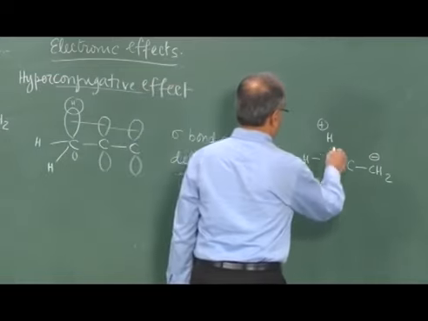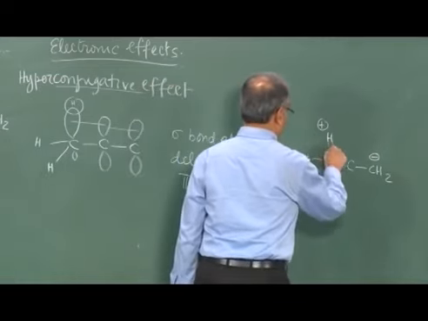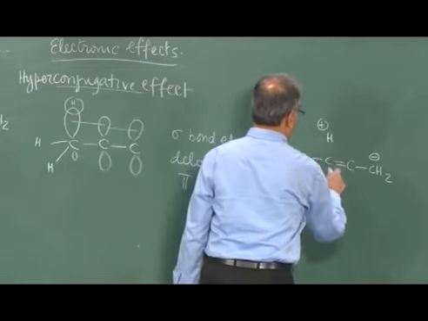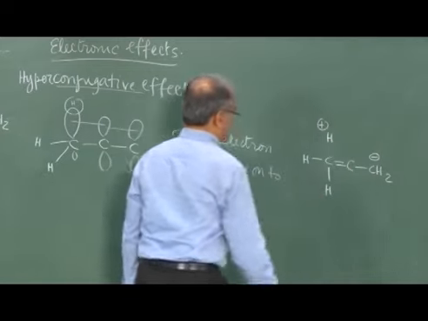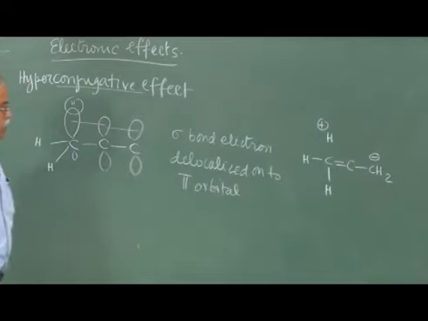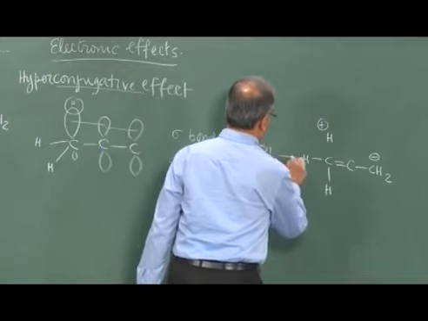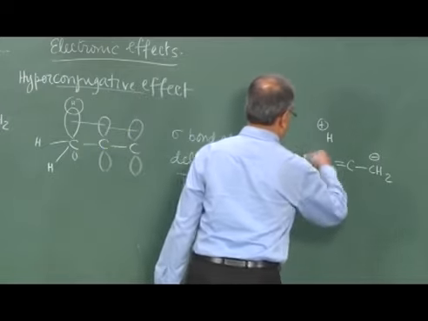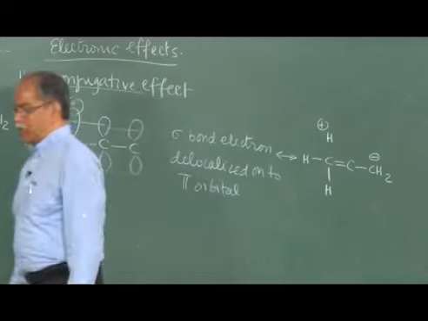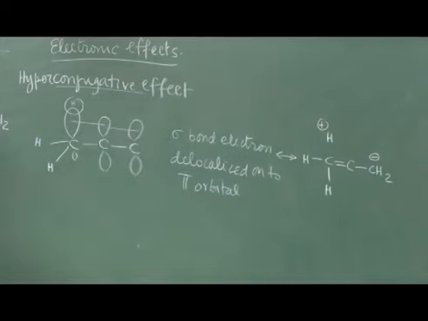There is no complete breaking of the carbon hydrogen bond, but traditionally the hyperconjugative effect is represented as if there is an ionization of the carbon hydrogen. In fact, there is no ionization of the carbon hydrogen bond. This is only a canonical structure that is represented by the charge separated structure like this.